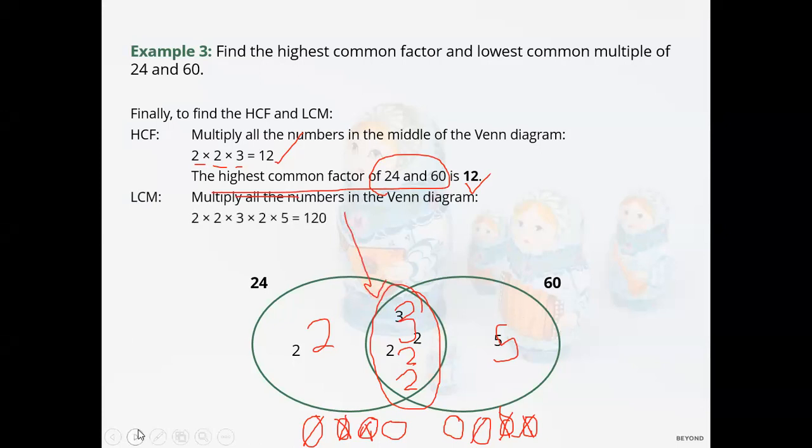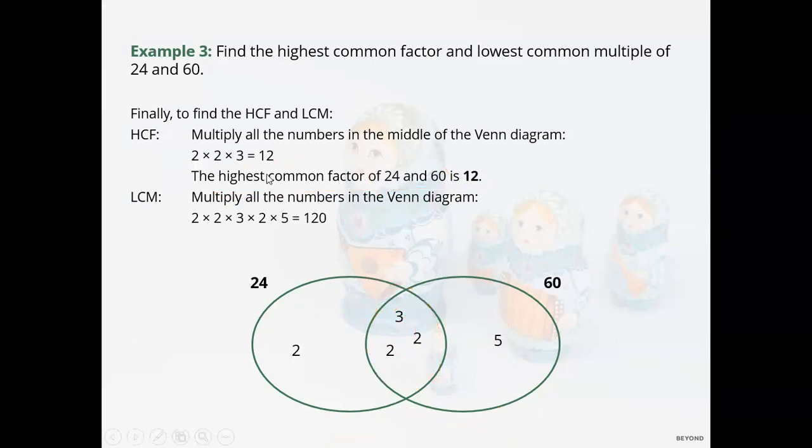Okay? All right. Now, you see here, they are giving you 2 answers. The highest common factor for 24 and 60 is 12. You know where you got your 12 from? You got your 12 from here, 3 times 2 times 2. Do you understand?